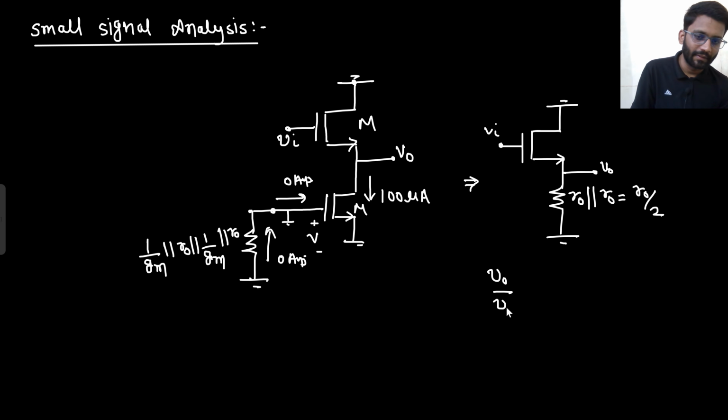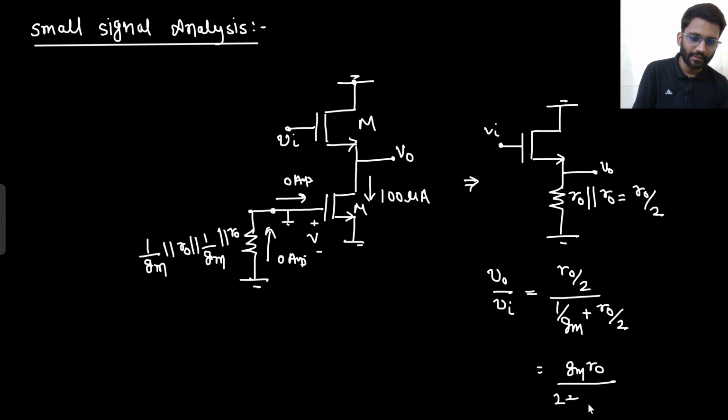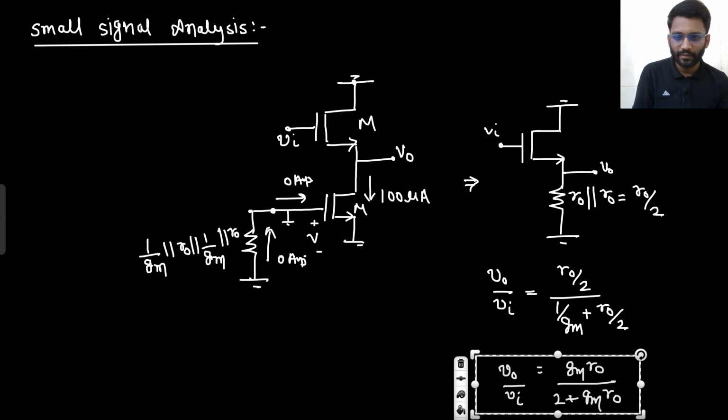V0 by V in would be R0 by 2 upon 1 by GM plus R0 by 2. So what we will get? GM R0 upon 2 plus GM R0 is V0 by V in. This is the final answer.